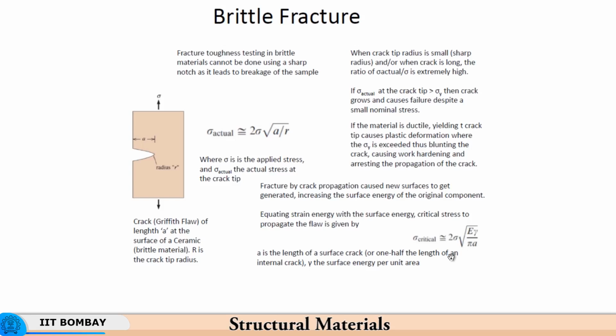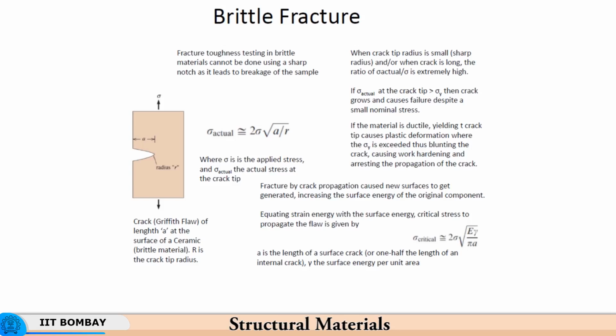So, when the crack tip radius is small, a sharp radius, or when the crack is long, the ratio of sigma actual upon sigma is extremely high. If sigma actual at the crack tip is far greater than sigma y, then the crack will grow and cause failure despite a small nominal stress.